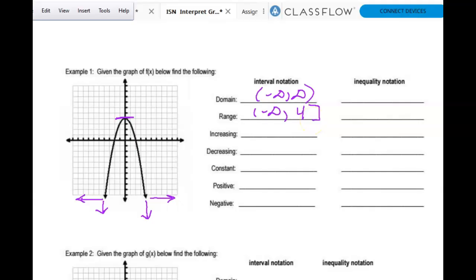Okay? So now I want to talk about increasing and decreasing. So I'm going to start on the left-hand side of the graph.